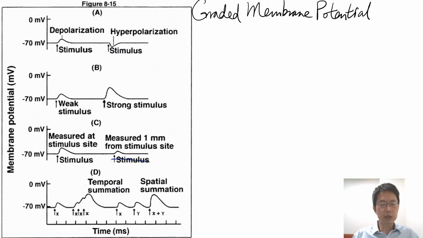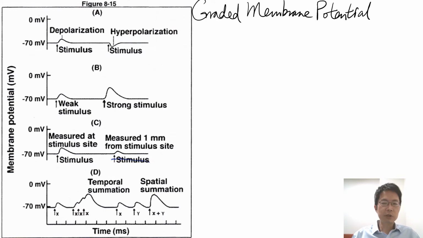Action potential is when the cell deviates from the homeostatic resting membrane potential a lot. When it is doing something significant, we call it action potential. When it deviates a little bit, we call it graded membrane potential.